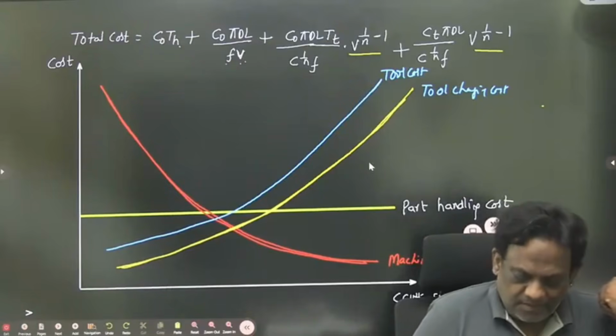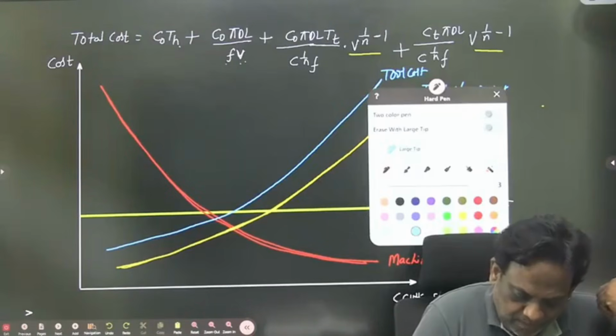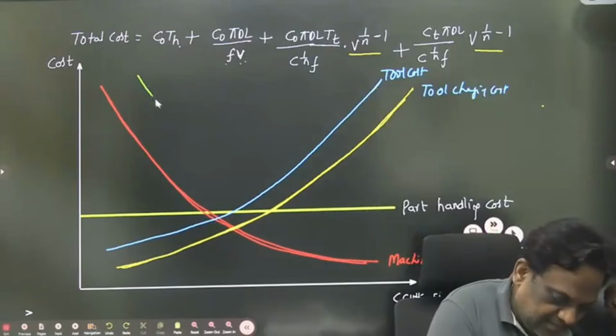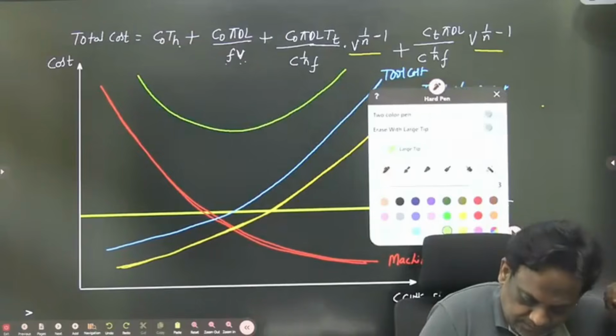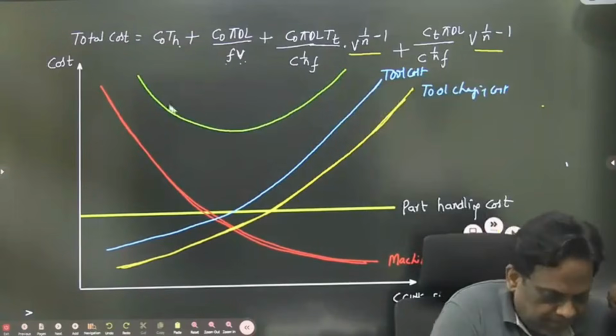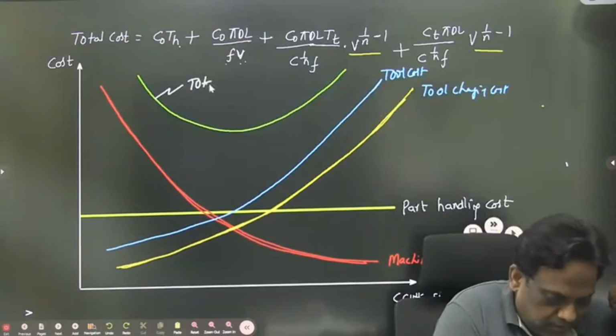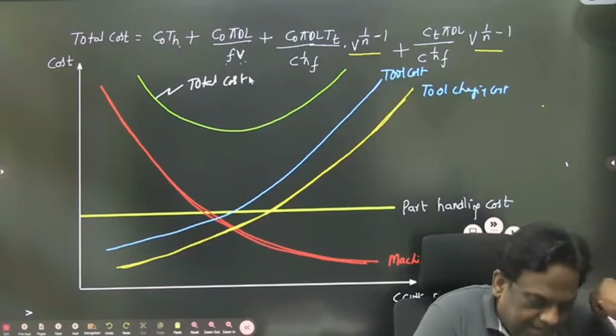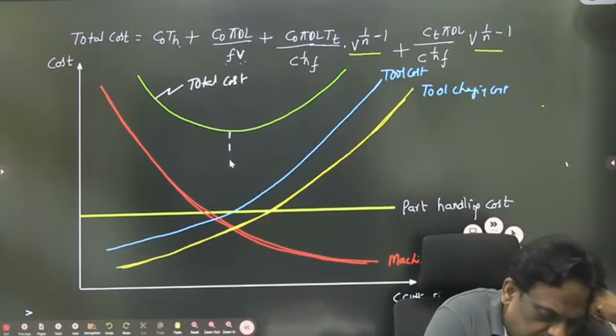These are the costs. Now if you want the total cost, again it will be the same. This is the total cost. If you add all, this will be the total cost. And I want that total cost to be minimum.